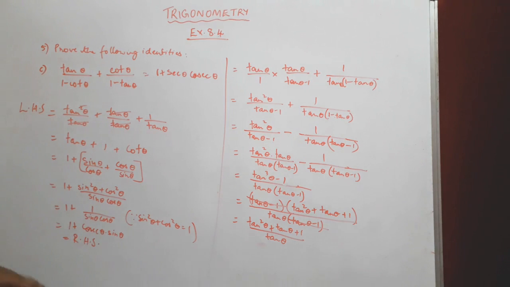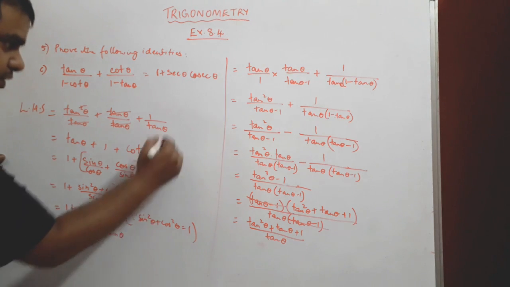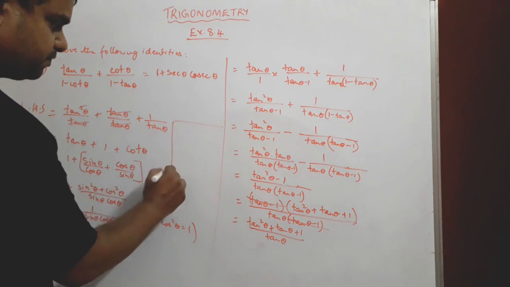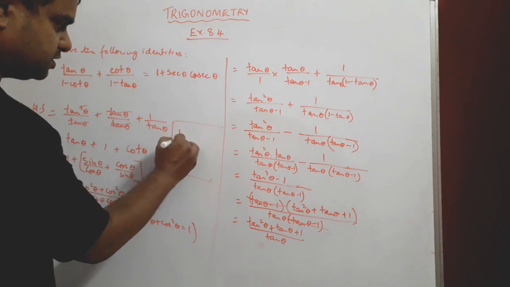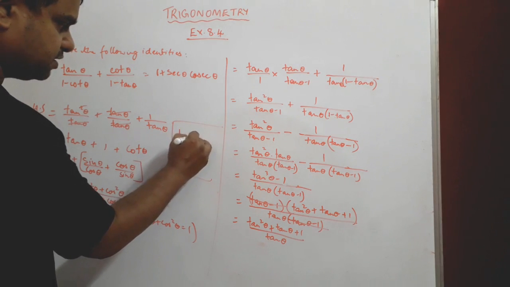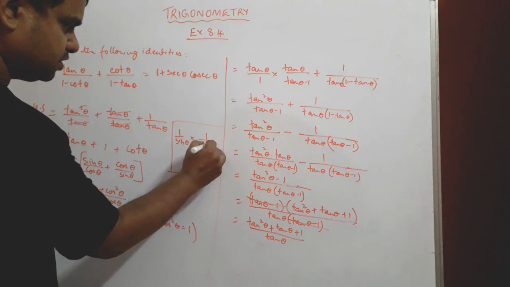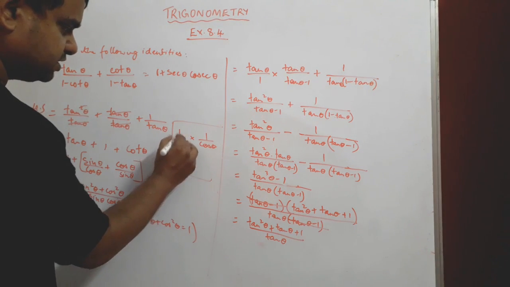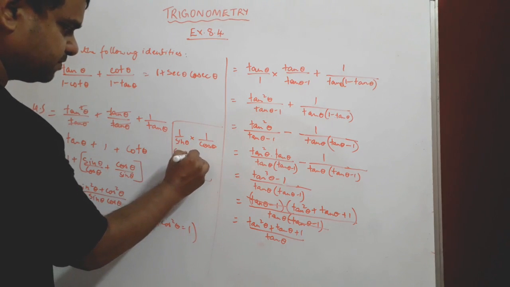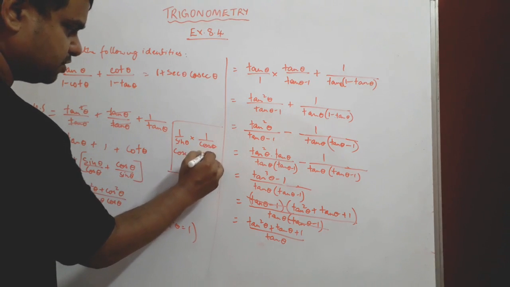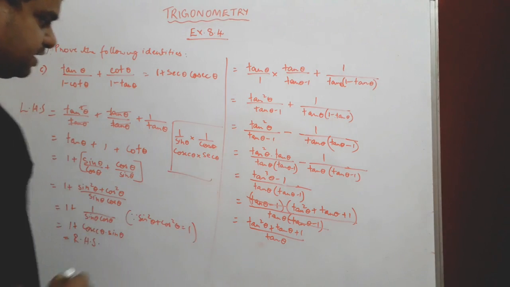It wasn't difficult. Over here, I've skipped that part, but 1 upon sin theta into 1 upon cos theta is nothing but cosec theta into sec theta.